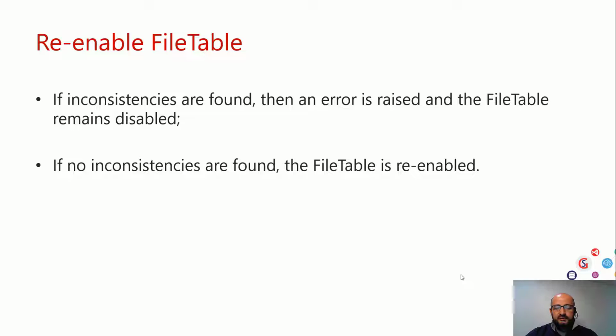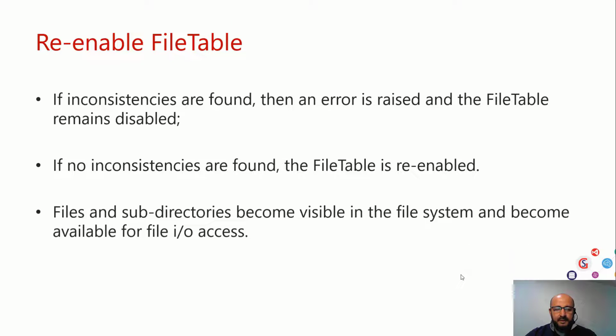In addition, if no inconsistencies are found, then the file table is re-enabled, the UNC path is made available, and all is good once again. So files and subdirectories become visible in the file system, and they're also available for I/O access depending on the setting that we set in the configuration manager or the stored procedure.